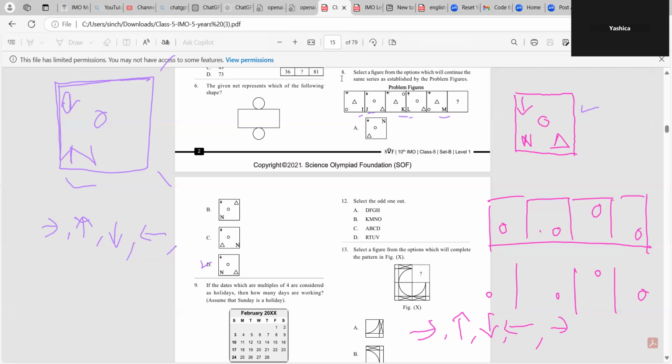So if we want to continue the series, the circle will shift to the right to become a triangle. Now the circle is in the southwest direction.